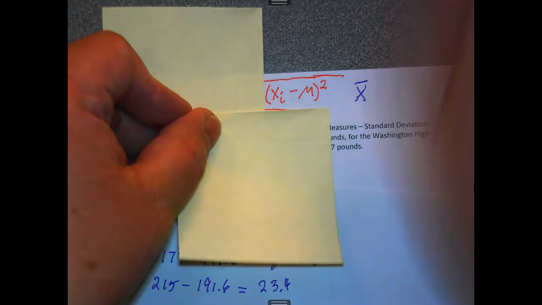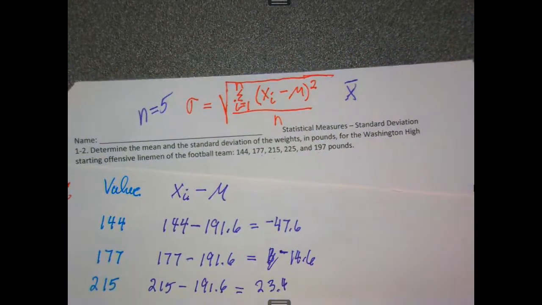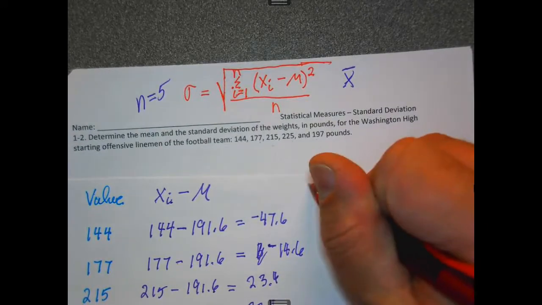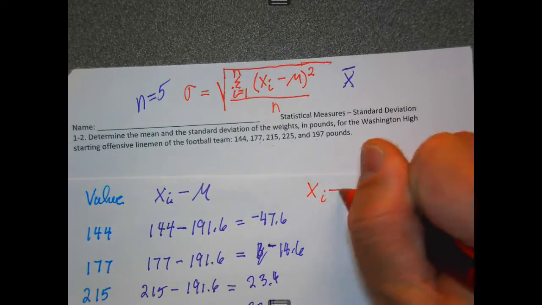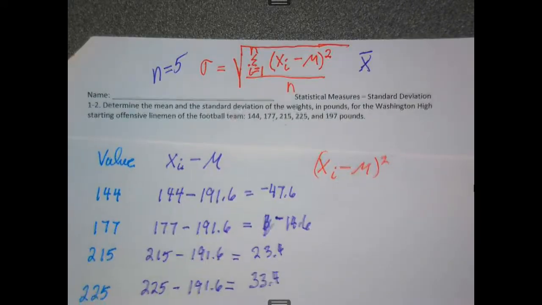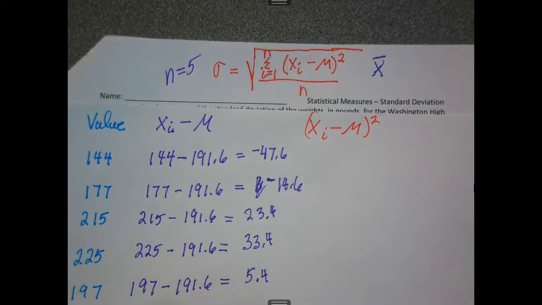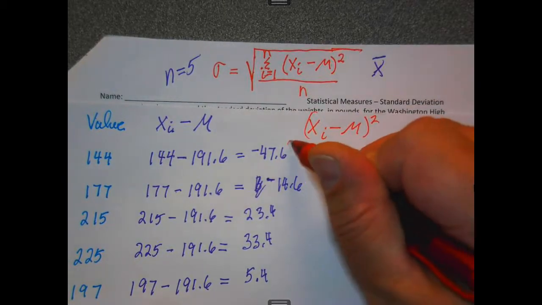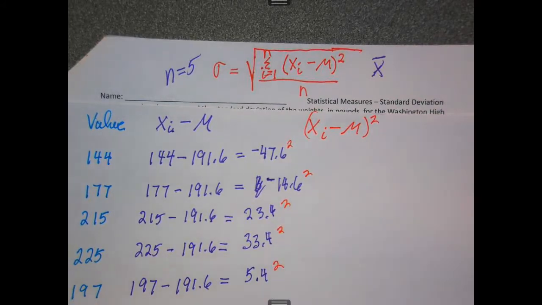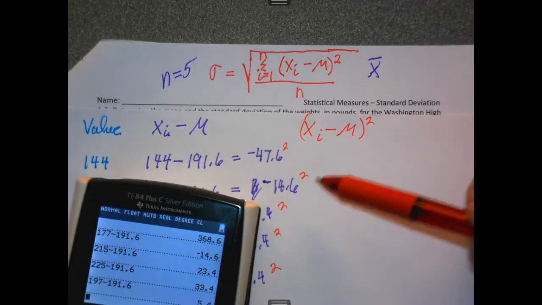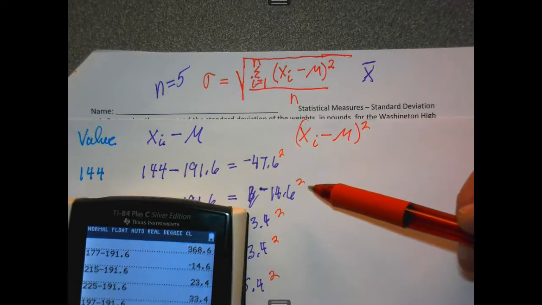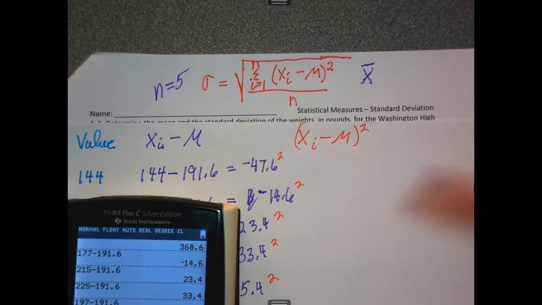So let's square them. And the reason why we square them, anybody know? Remember from yesterday? Why do we square them? Yeah, we got to make them positive. We're going to square these. Now, if they don't come out positive in your calculator, you probably did something wrong with the symbolization.